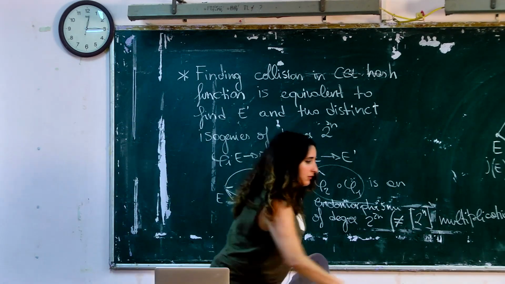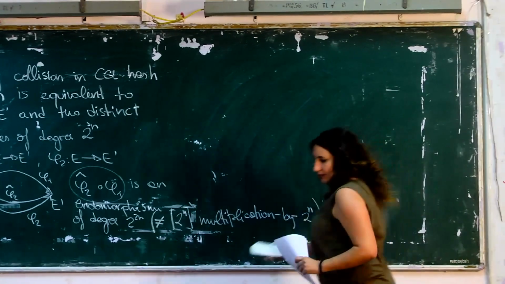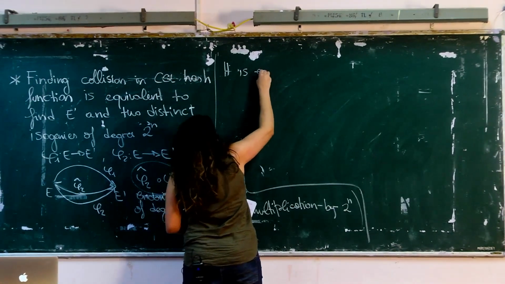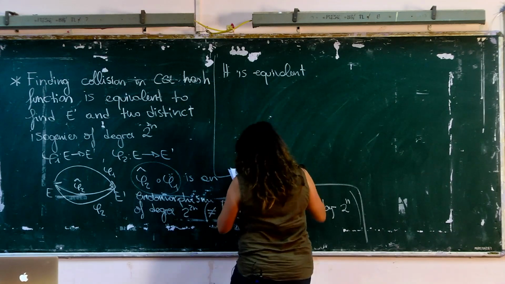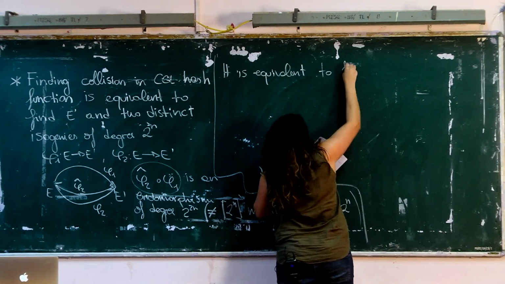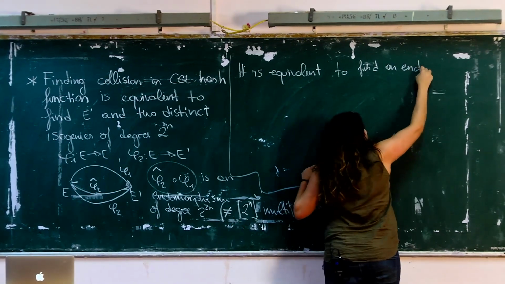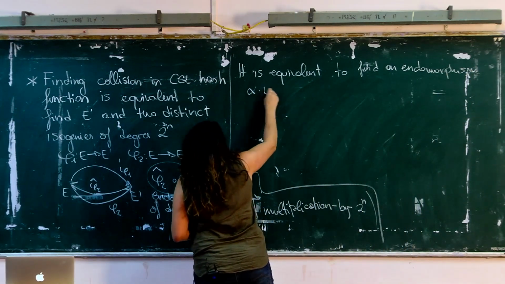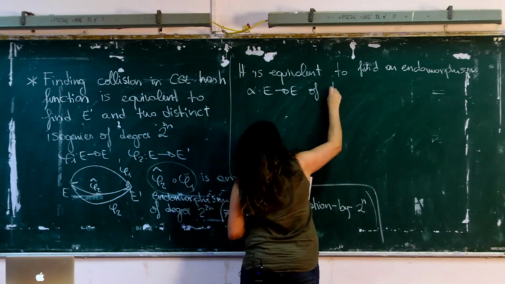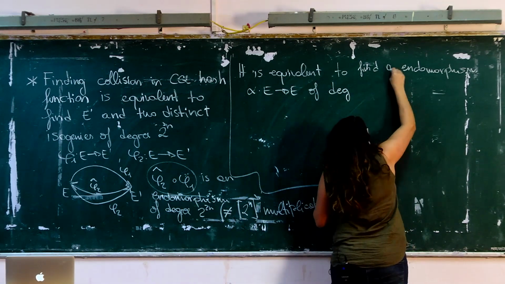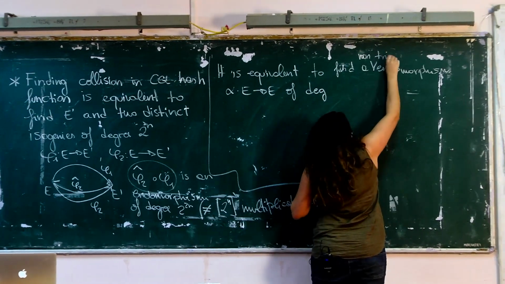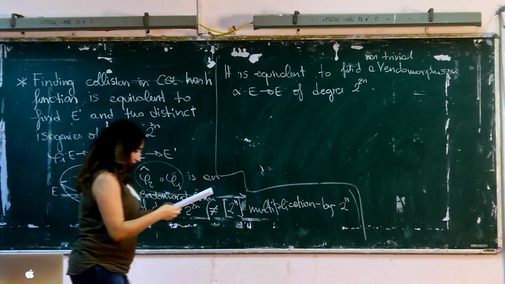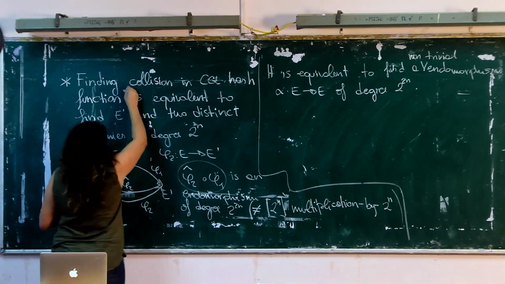But also, for what we have said here, it is equivalent to finding a non-trivial endomorphism, let's call it alpha, from E to E of degree 2 to the 2n. Okay, this is with respect to collisions.